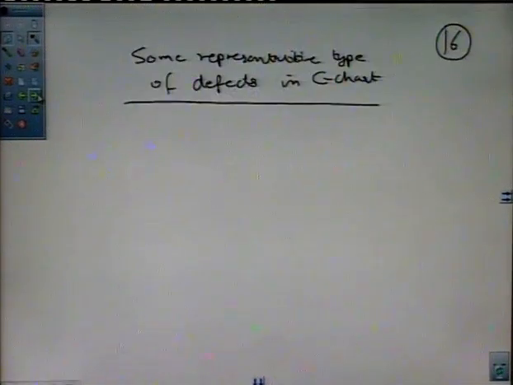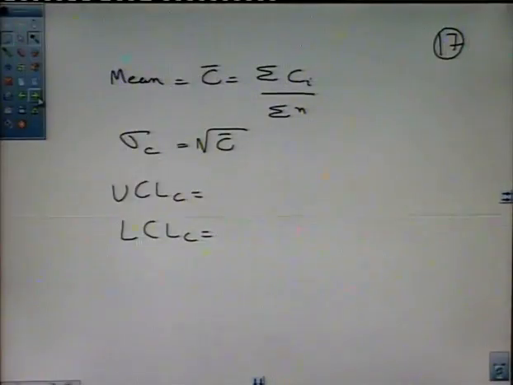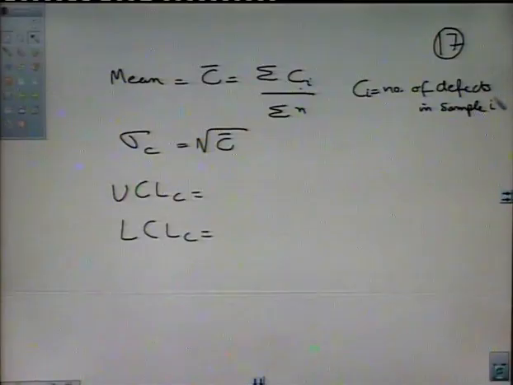Then the mean and the standard deviation in case of the C chart. Mean is C bar, which is sigma Ci divided by n, where Ci is the number of defects in the ith sample, and Ni is the number of items in the ith sample.